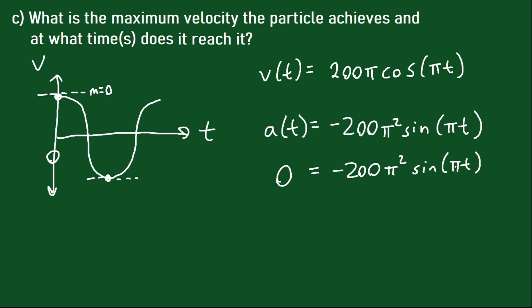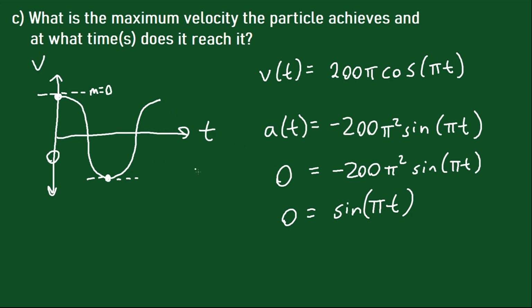And if you were to solve for t in this case, divide both sides by this big coefficient, it would go away, and you'd be left with 0 equals sine of pi times t. At this point, you could take sine inverse of both sides, but that would just give you one answer. And we know there's not one answer, right? We know that these answers repeat themselves. You reach that maximum at multiple locations. You reach that minimum at multiple locations.